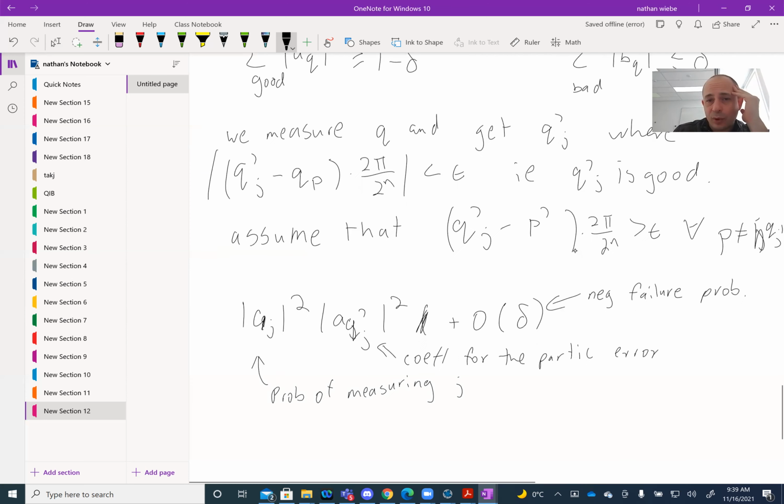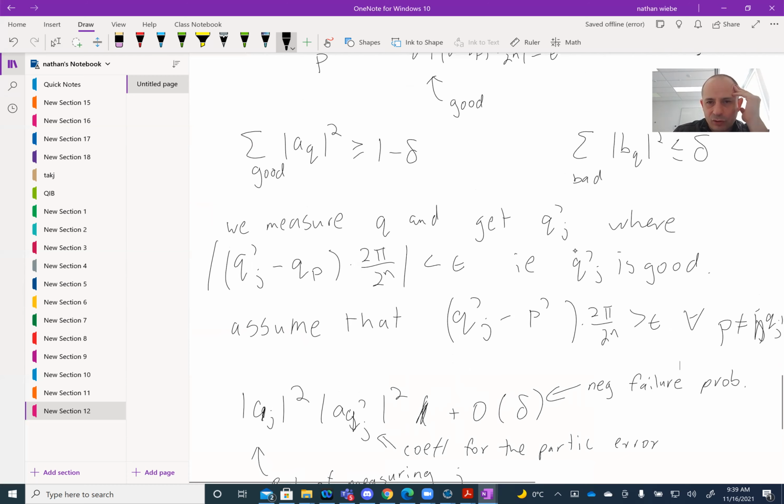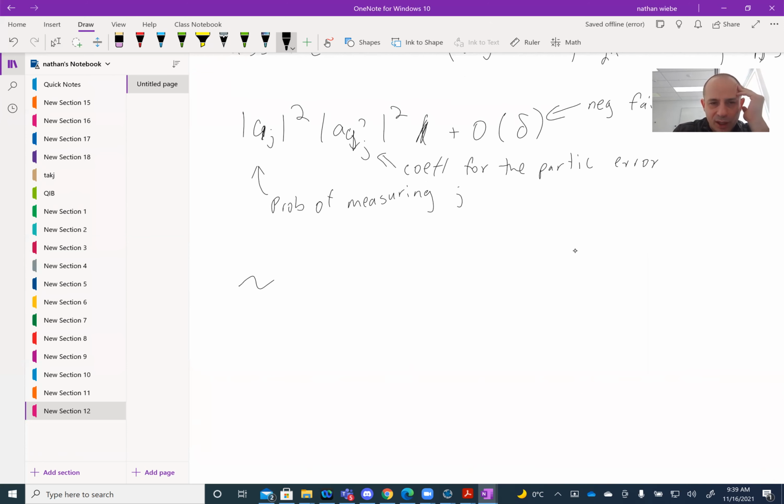The thing worth noting is that no matter what we do, when we perform this transformation, we map ourselves to a state that is approximately c_j a_{q'_j} |q'_j⟩ |psi_j⟩ plus some error, and put a normalization constant over here, beta, where beta is order delta.